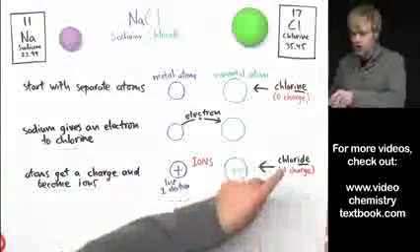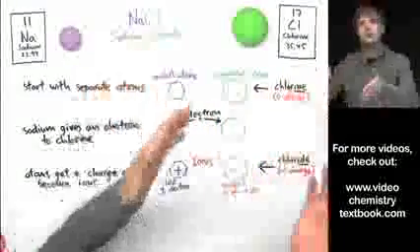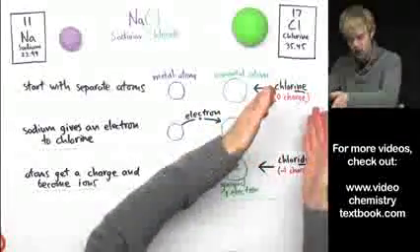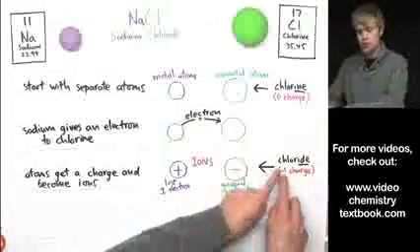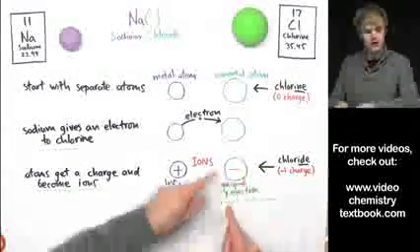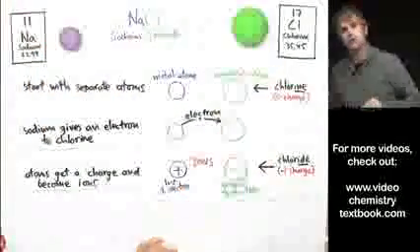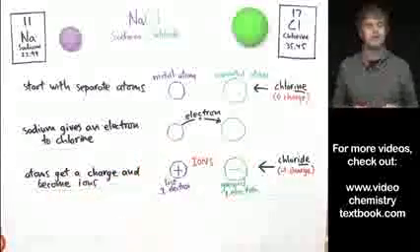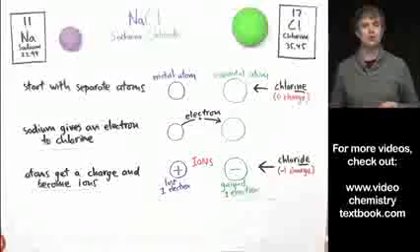We call it chloride. So it's the same atom. Chlorine and chloride, they're the same atom. It's just chlorine is the version with a neutral charge, 0 charge, and chloride is the version of chlorine that just has a 1- charge. And it got that 1- charge because sodium gave one of its electrons to chlorine, turning it into the negative chloride. Now people often ask, why does sodium give its electron to chlorine?